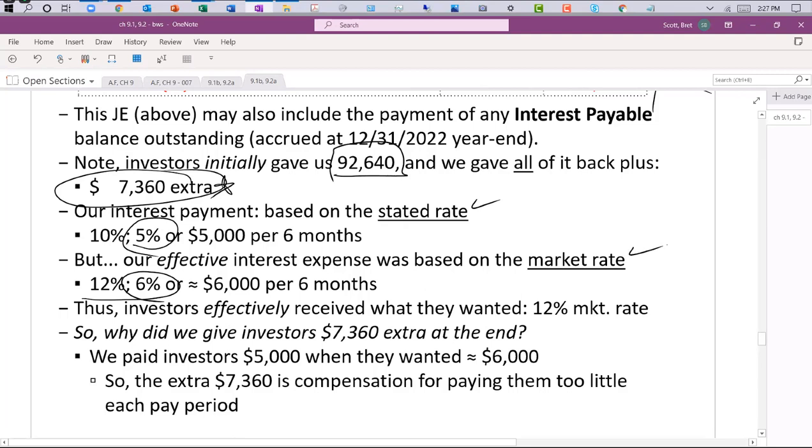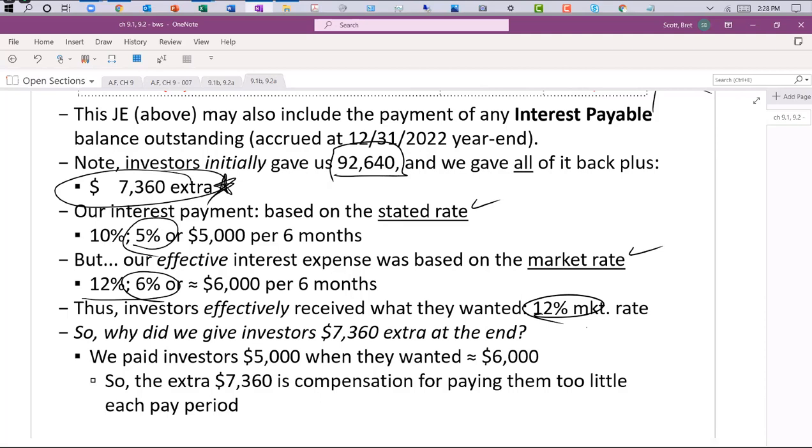So what did investors ultimately get? They got an extra 7,360, which compensated them for the additional amount that they really wanted. They wanted 12%. We gave them effectively 12% interest. We just did it not when we made the interest payments. We gave them 5% every time we made the interest payments.